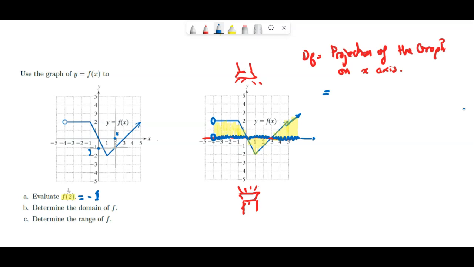I can read it starting from -4. Since -4 is an empty circle, you're going to use a parenthesis, comma, and then you're going to keep going all the way toward +infinity. So this is +infinity, and always open at +infinity. So the domain of f is the open interval (-4, +infinity).